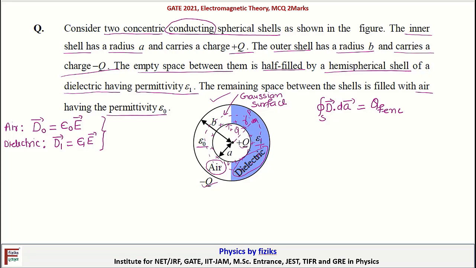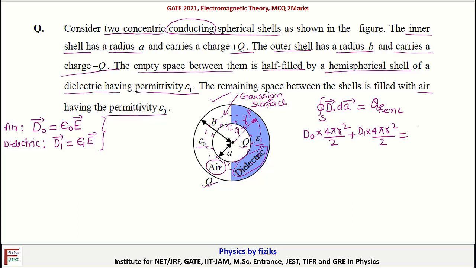So we will use these equations. If we write the closed integral of D dot dA in spherical symmetry, it can be written as mod D into area of the sphere, but here you have two separate regions and their area will be half. Half area is for air and half area is for dielectric. If we expand this, it can be written as D naught into, radius is small r, the total area of the Gaussian sphere is 4 pi r square, in air it is half, plus in dielectric again D1 into 4 pi r square divided by 2.